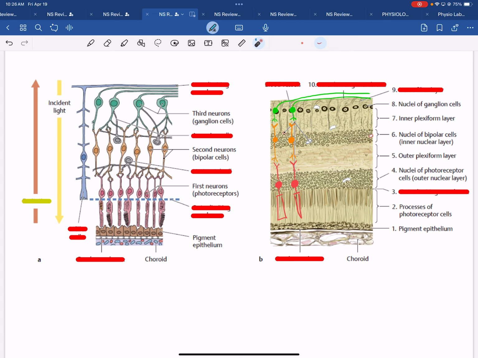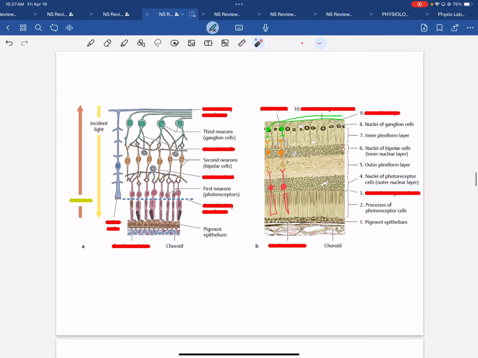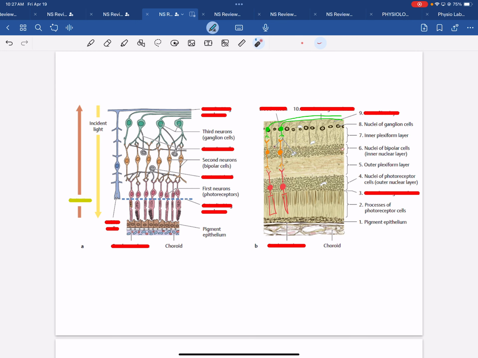Where's another place that the visual information can go? The superior colliculus. Good, nice. I don't remember if it has to go through the thalamus first or if these can just project directly onto the superior colliculus. But for vision that we become conscious of, it has to go through the thalamus first.